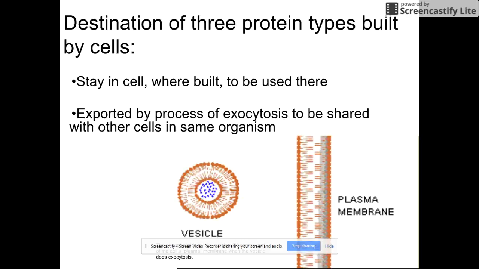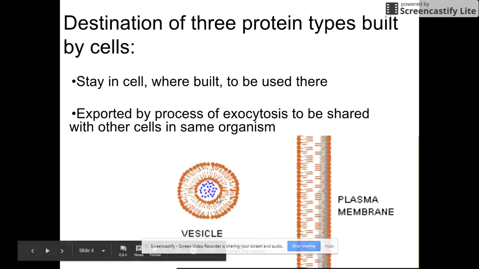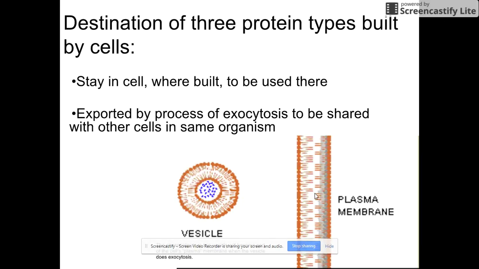So going back to adrenaline, if the adrenal glands sitting on top of your kidneys make the adrenaline on the inside of their cells, if those adrenaline molecules have to get to the brain and the heart, then that means that the proteins have to be exported out of the cell. So, a common way of exporting proteins, let's say these blue things are proteins, is to package them inside a vesicle within the cell and then send that toward the cell membrane or the plasma membrane.